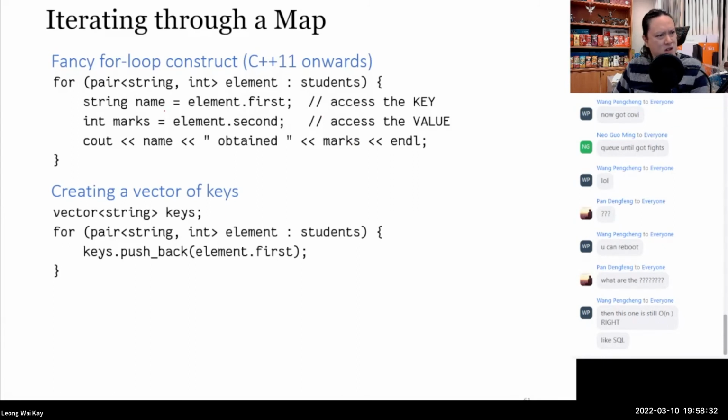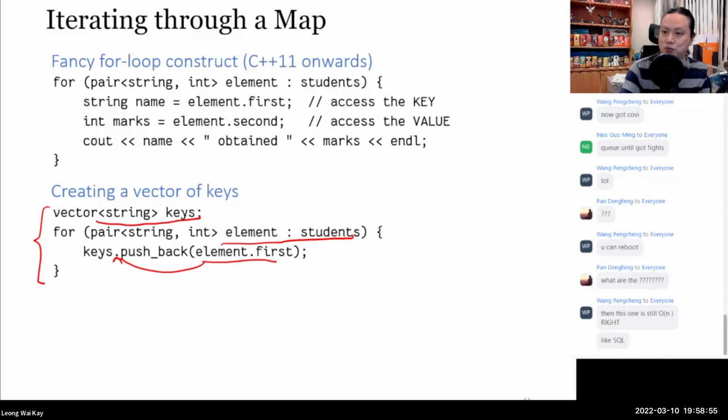So you can write your own function to take all the keys of a map and put them into a vector. Basically, I create a vector of string, then I iterate through all the elements and push them into my keys. Now I have a vector of keys, and then you can use the vector however you want. So that's map.